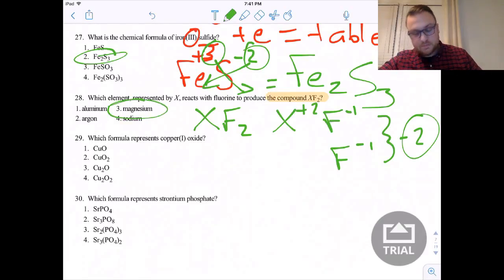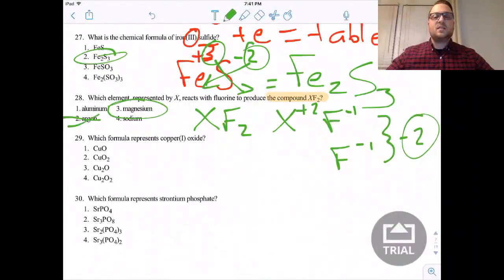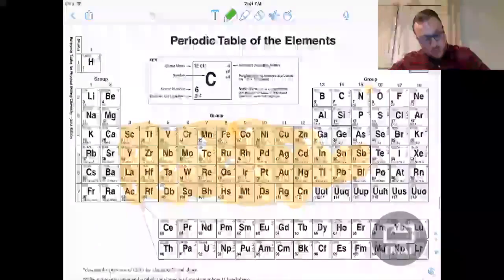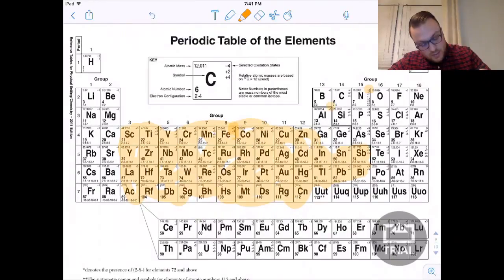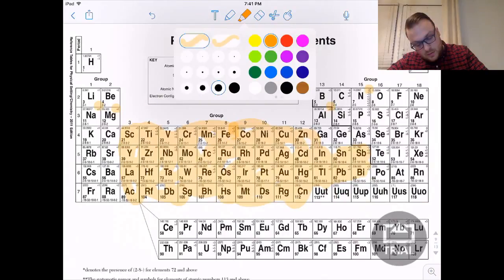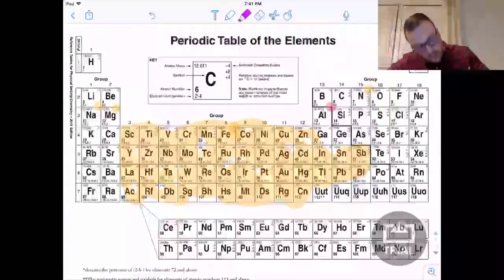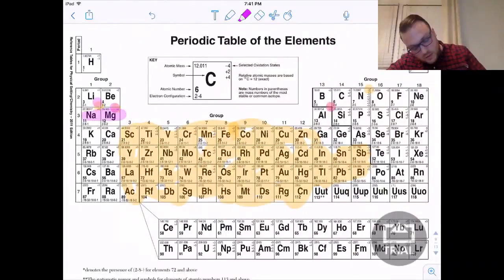Don't pick argon. Argon's a noble gas and it doesn't react with anything. If you don't remember to do what I just did, and it's multiple choice, go to the periodic table, look up these 3 elements on the periodic table, and look at their charges. We got +3, +1, and +2 for each of these. I'll make it a different color. These are the 3 elements that we're discussing in the question, because we already ruled out argon, because argon doesn't react.